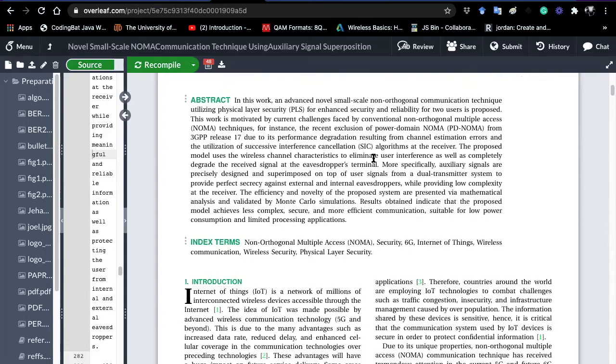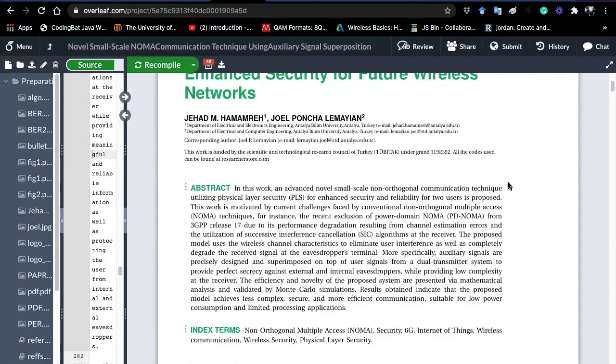Looking at this journal paper, in the abstract, which is the main part that a reader or anybody who wants to read your paper looks at first, you're supposed to have the main idea, the main goal of your work.